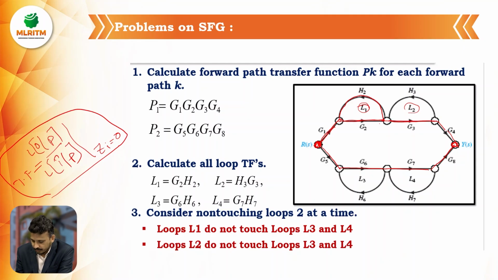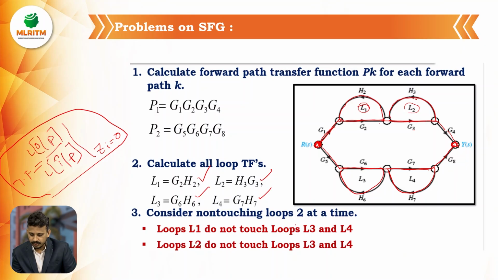So this is another loop, G3 H3, the third loop is G6 H6, and the fourth loop is G7 H7. So there are 4 loops: G2 H2, G3 H3, G6 H6, and G7 H7.